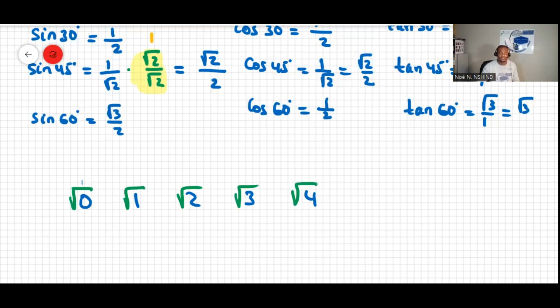Then I am going to divide each of these by 2. Then the values will be 0, 1/2, √2/2, √3/2, and then 1.